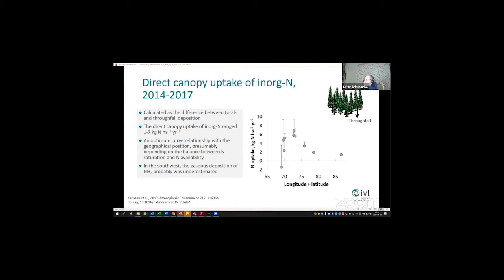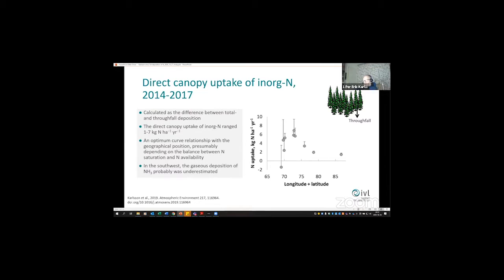Then we were interested in estimating this canopy exchange, this direct canopy uptake of inorganic nitrogen. And we did that by subtracting the throughfall deposition from the total deposition. So the difference here will be the canopy uptake. And again, this is plotted against this geographical index from southwest towards the north.